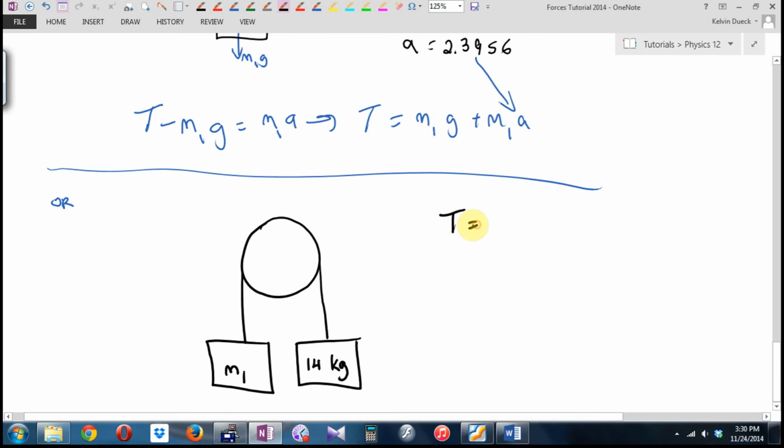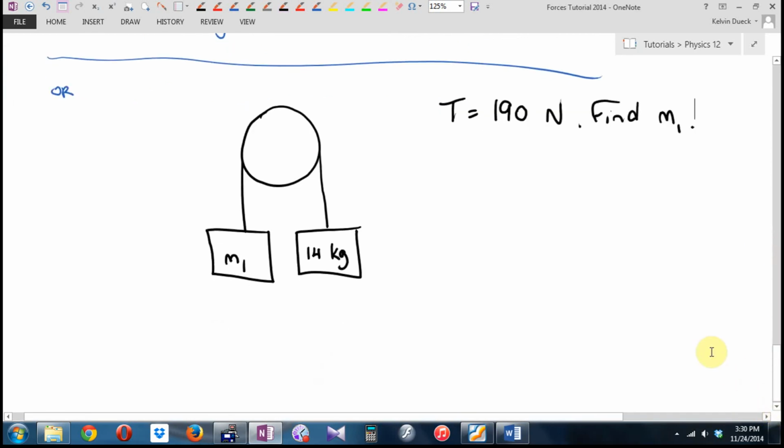And suppose I told you that tension was equal to 190 newtons. Find mass 1. Okay. Any thoughts? Find acceleration. How? Any more thoughts? You're right, by the way, but I think you may have seen what we're supposed to do. More blatant, more obvious, more basic. Yeah, let's label everything first, right?